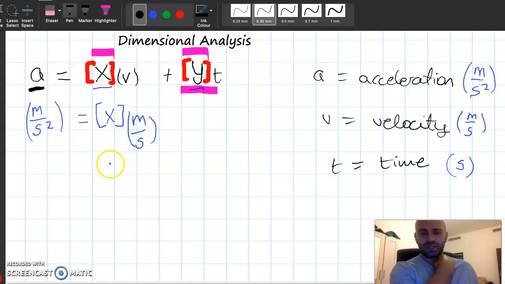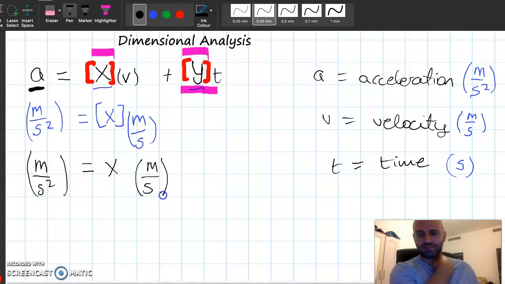So I'm just going to leave this as x. The units of x are going to be meters per second squared on this side, and I have meters divided by seconds on this side. At this stage, I can cancel some of the units off. A meter on this side cancels with a meter on this side, and a second cancels with one of the seconds on this side.